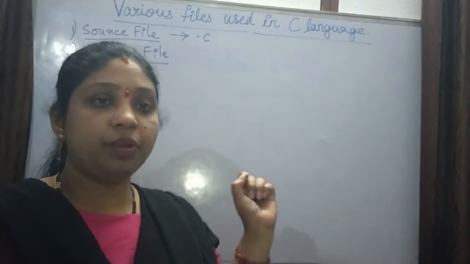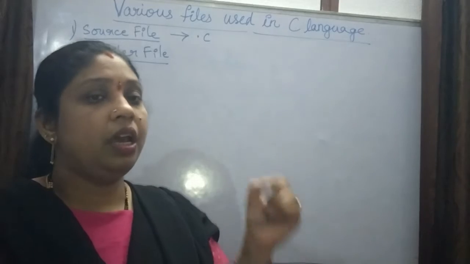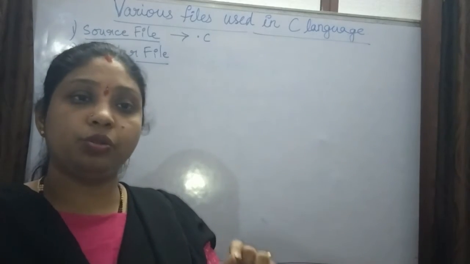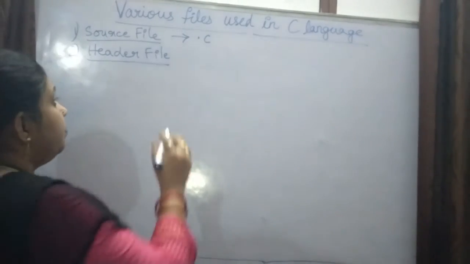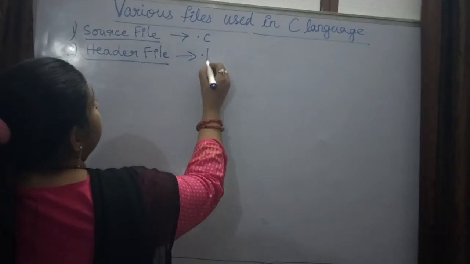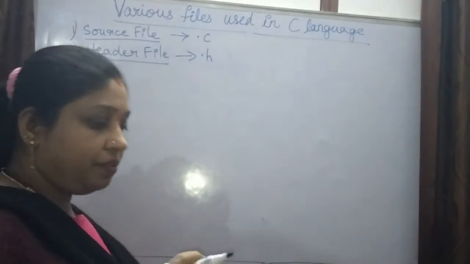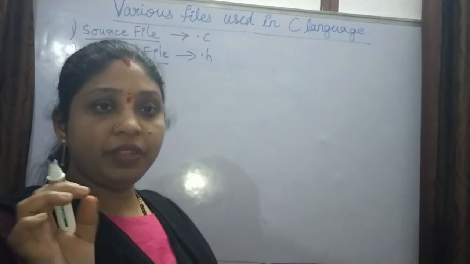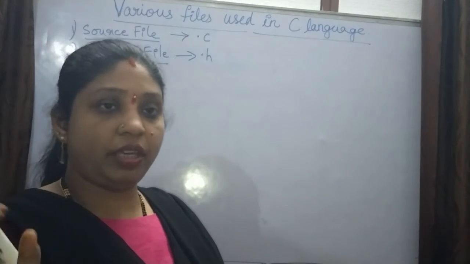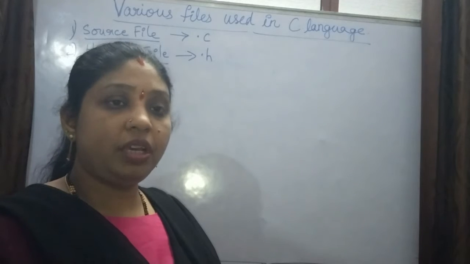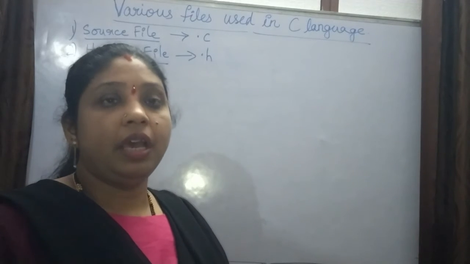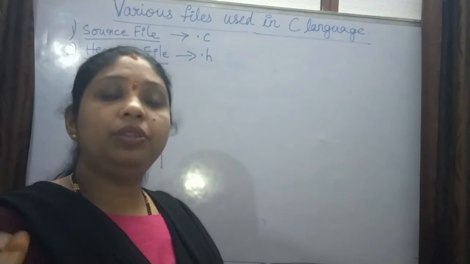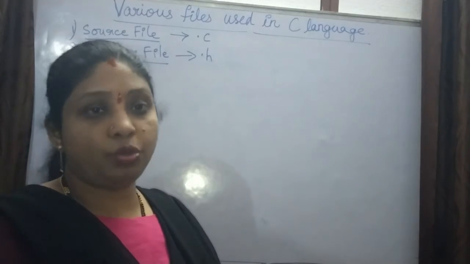Like the source file has the .c extension, header files have the extension .h. So whichever file in C language you see with the .h extension, you have to think that those are header files. And if you see a file with .c, those are called source files.